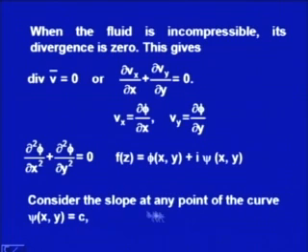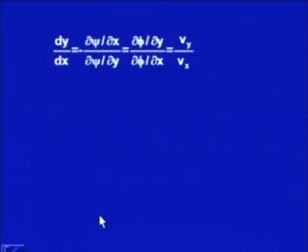We consider the slope at any point of the curve psi(x,y) is equal to c, and it is computed as dy by dx is equal to minus delta psi by delta x divided by delta psi by delta y, which is equal to delta phi by delta y divided by delta phi by delta x from Cauchy-Riemann equations, and this is equal to Vy by Vx.